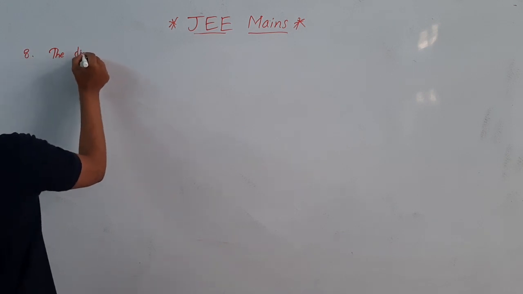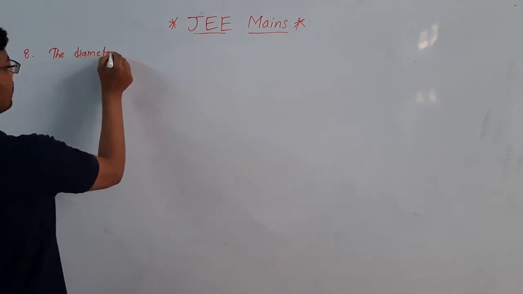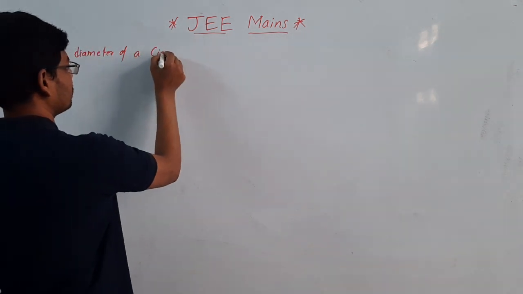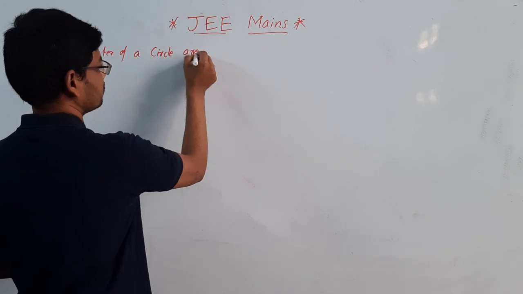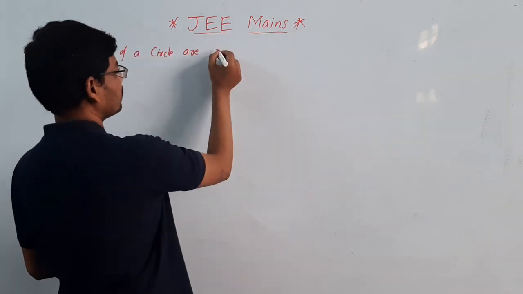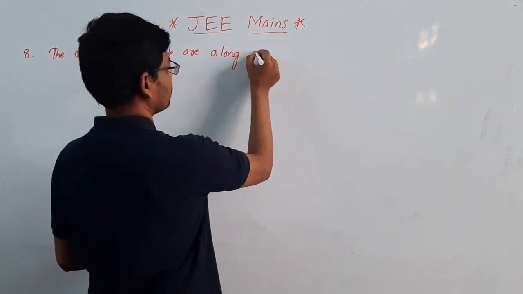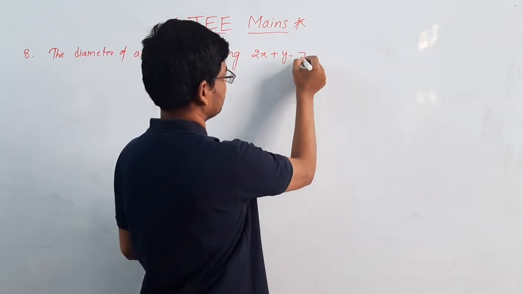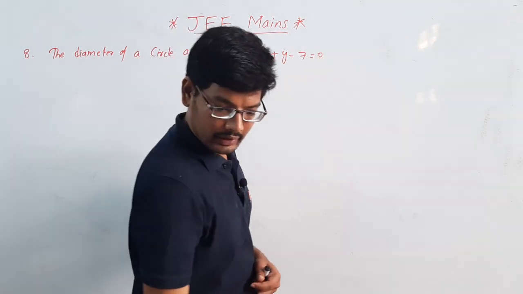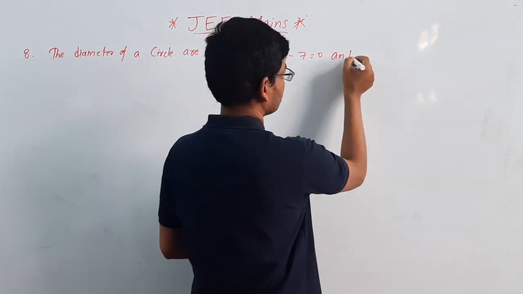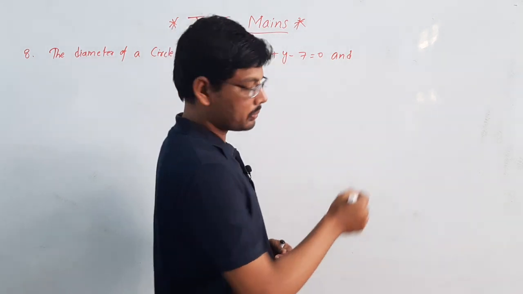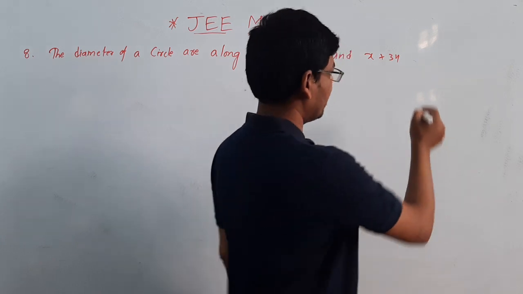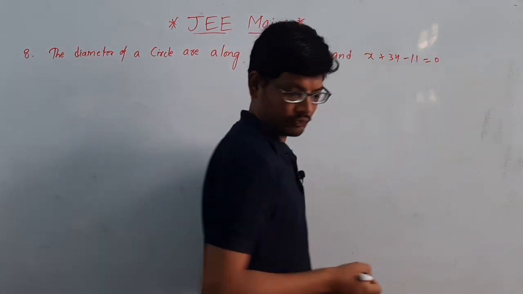The diameters of a circle are along 2x + y − 7 = 0 and x + 3y − 11 = 0.